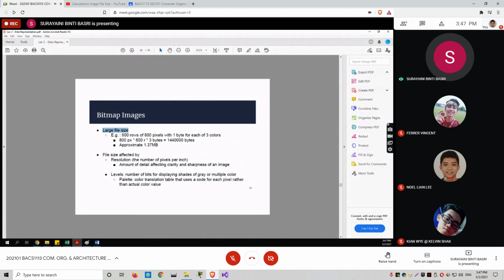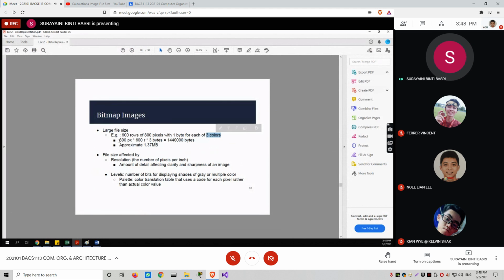For the large file size of the bitmap image, for example, it has 600 rows of 800 pixels with 1 byte for each of the 3 colors. So in each pixel, in each grid cell, it has 3 colors, and the 3 colors are represented by 1 byte each, meaning there are 3 bytes in each pixel, because each pixel has 3 colors.